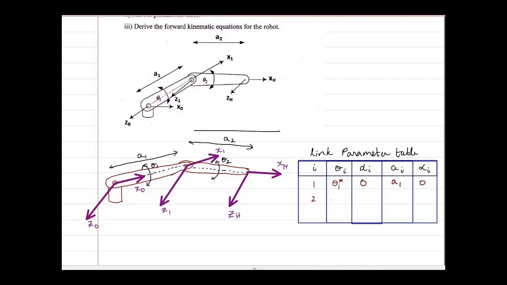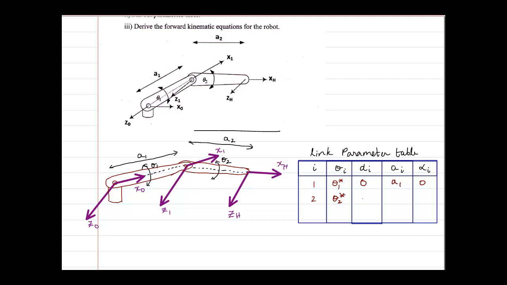Now for the second case, I will go from frame 1 to frame h. Here again, as you can see, there is no angle specified, only theta 2 is the variable, so I will write theta 2 star. Then what is the distance to be moved in z direction so that both are collinear?